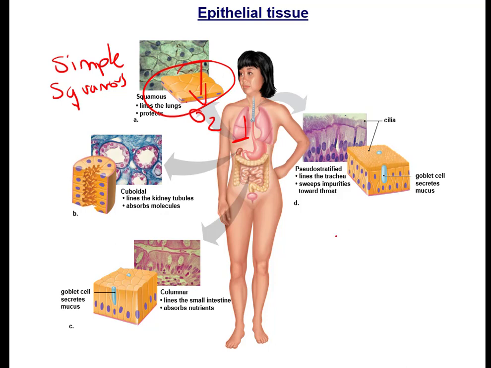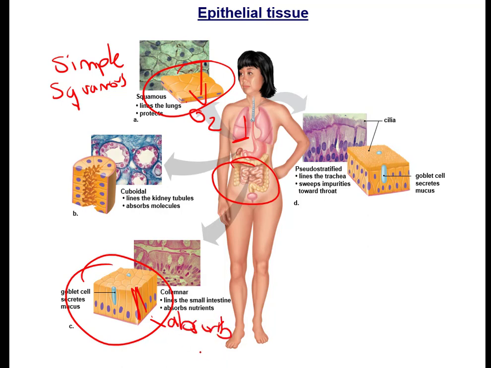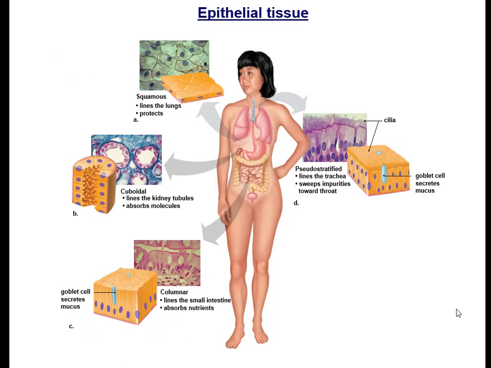Now, here's another example. In your intestines, you have columnar pseudostratified epithelium. The reason you have these nice tall columnar cells is that it makes it easier to absorb nutrients from your food. So depending on where in the body, we have different types of epithelial tissue.